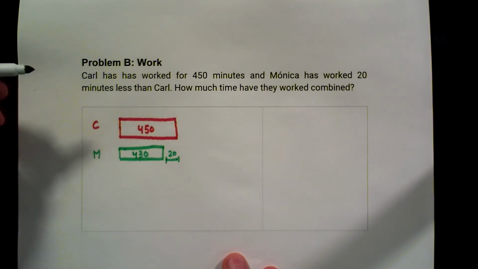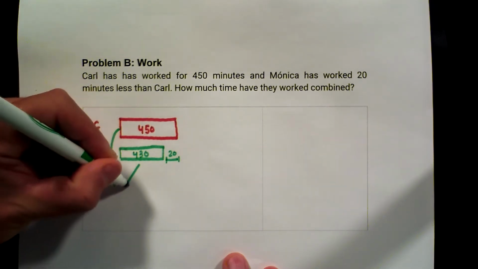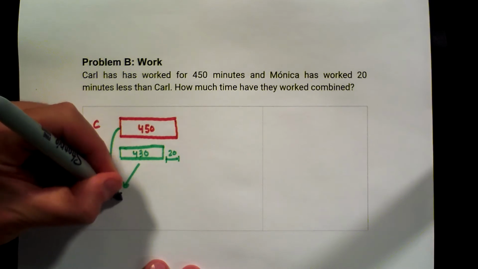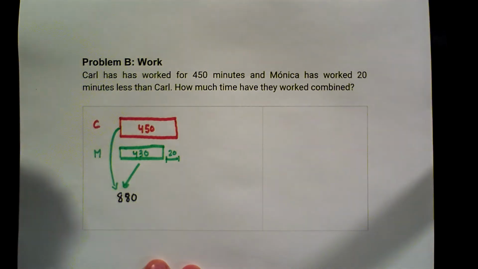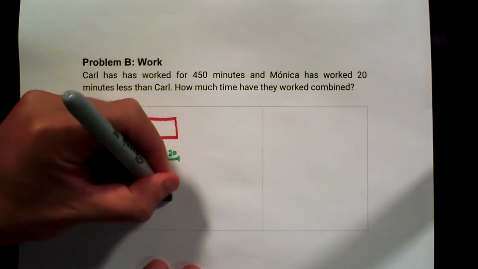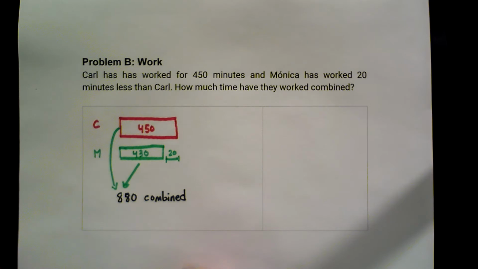Just be careful, you don't add the 20, you just add the 450 and the 430. 400 plus 400 is 800, and then 50 plus 30 is 80. So I would get 880. And that would be combined. This is the solution to this multi-step problem using bar modeling.